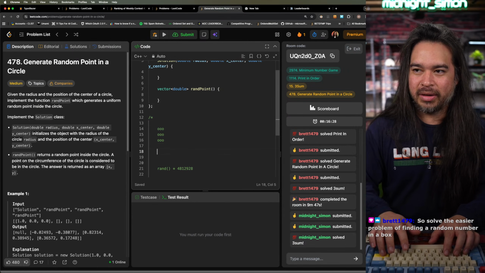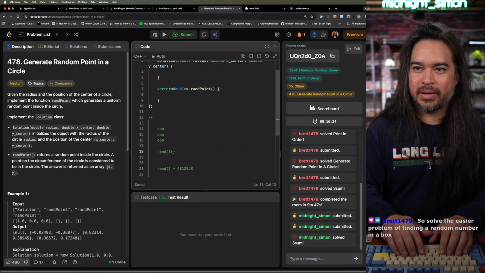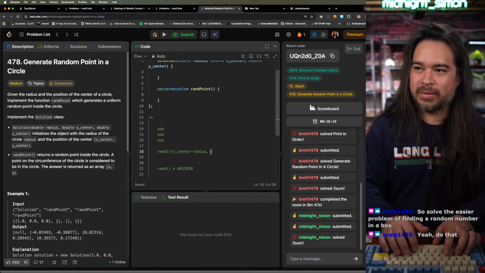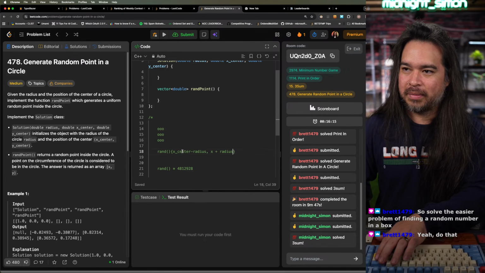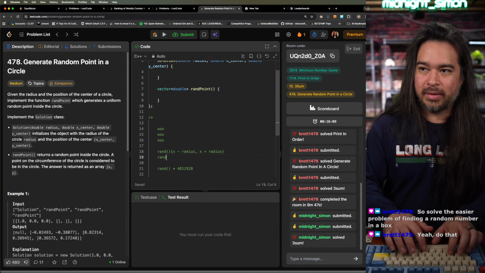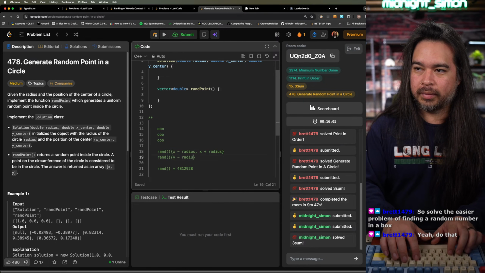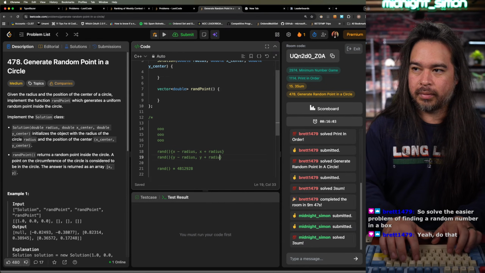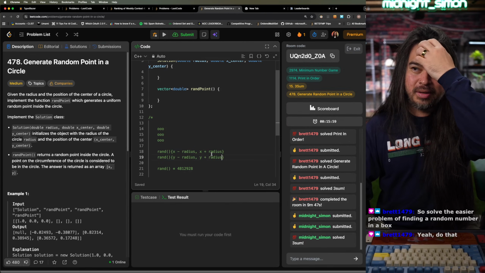So it'd be random from x center minus radius to x plus radius, right? So a random number between those two values, and then that would be inside the box, yeah?